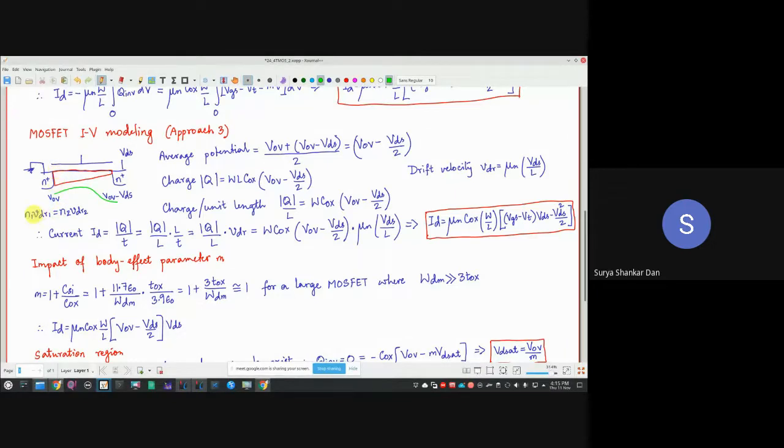If N1 is the source and N2 is the drain, let us say region 1 and this is region 2. In region 1, the electrons are just entering the channel because of diffusion, which is minority carrier injection from the source to the channel.